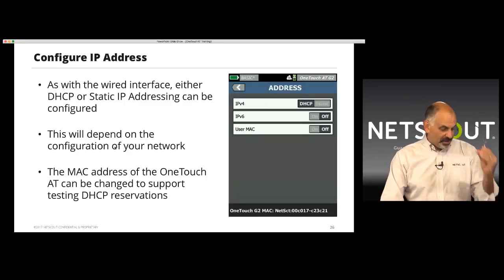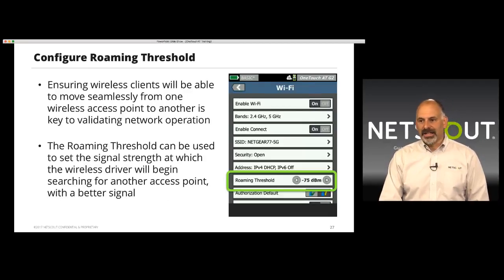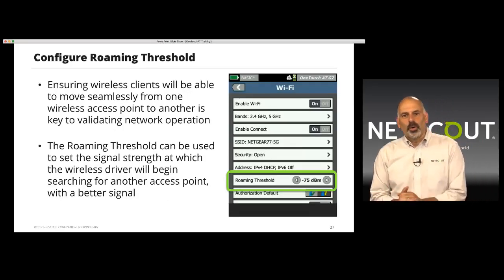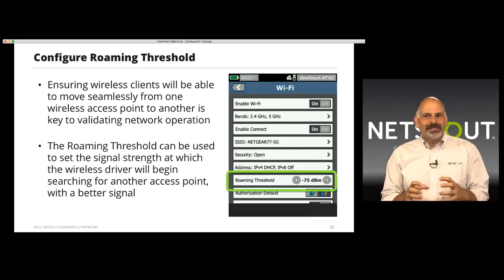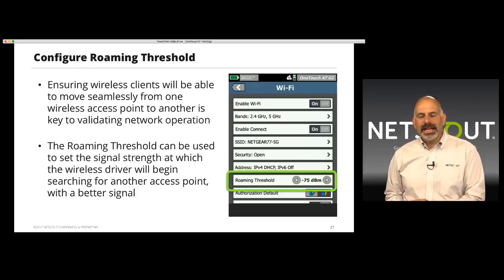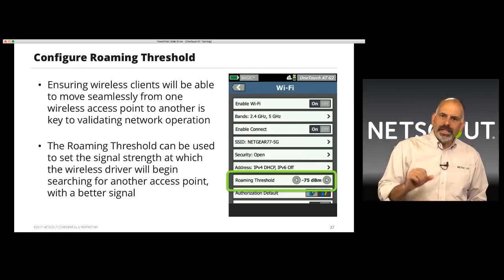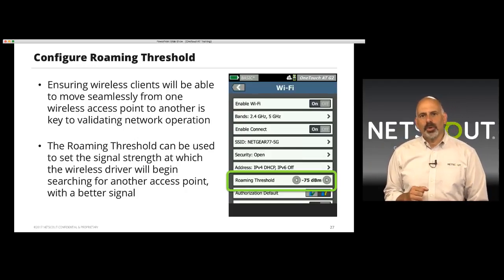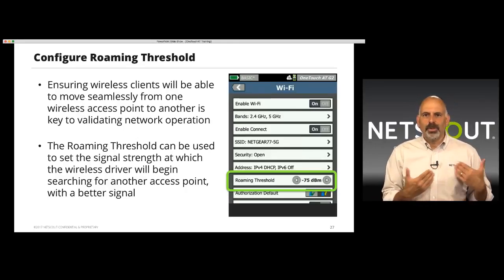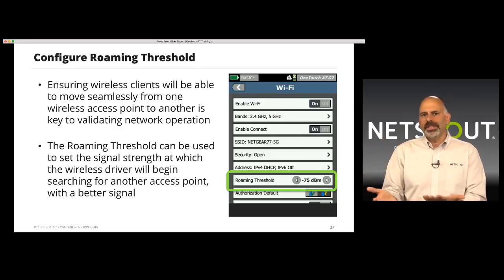So wireless, we can configure our IP address or statically. Roaming threshold. One of the things that's nice is as we're taking this out and doing testing, we can see that it roams from one AP to the next. If I go in here and configure my roaming threshold, this is equivalent to my receive sensitivity on a device. So let's say I have a device, a little communicator, a cordless phone, a PC.